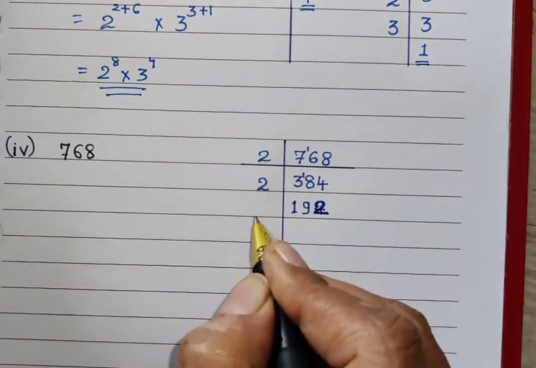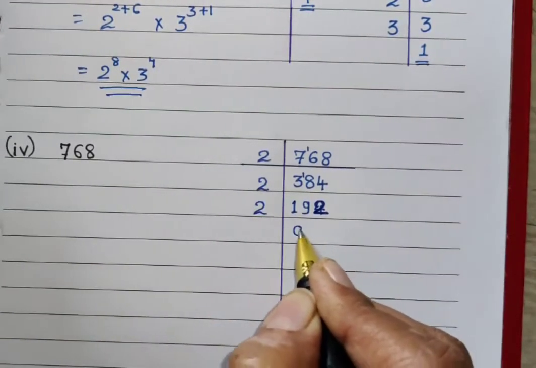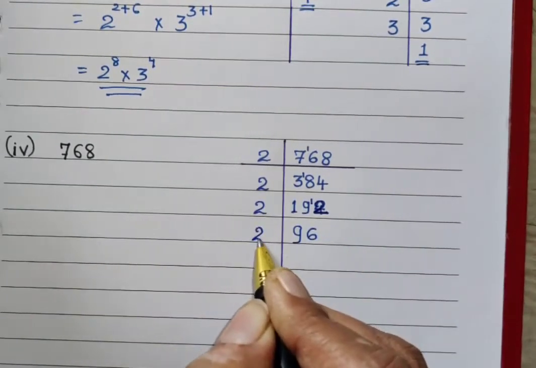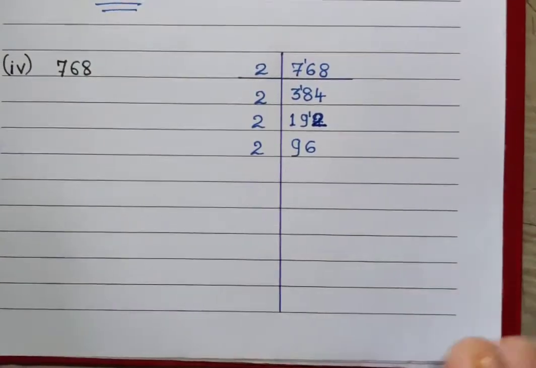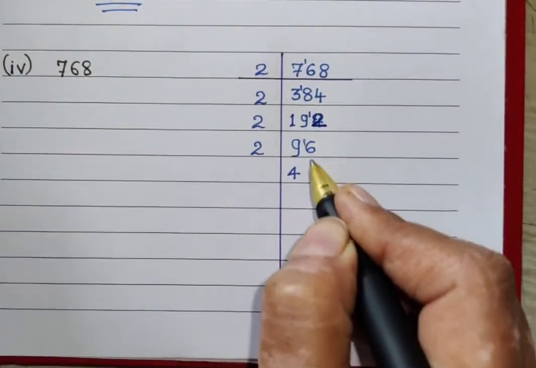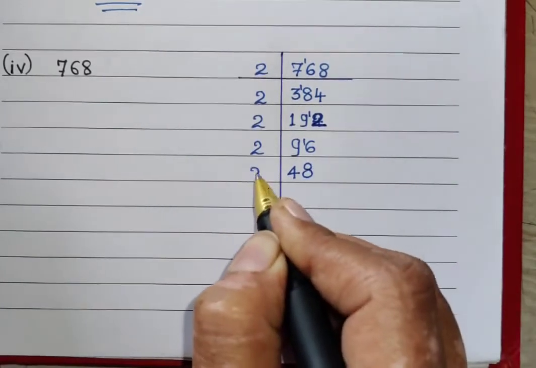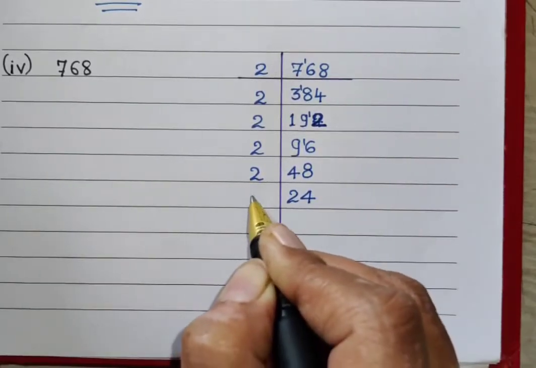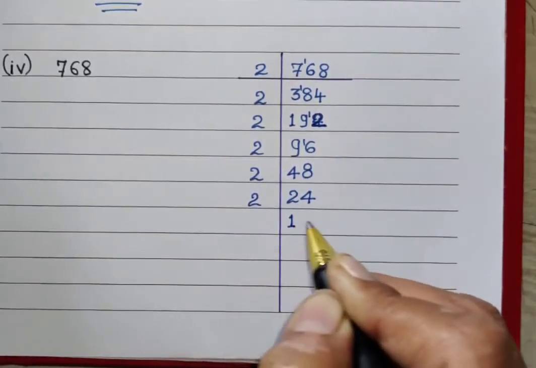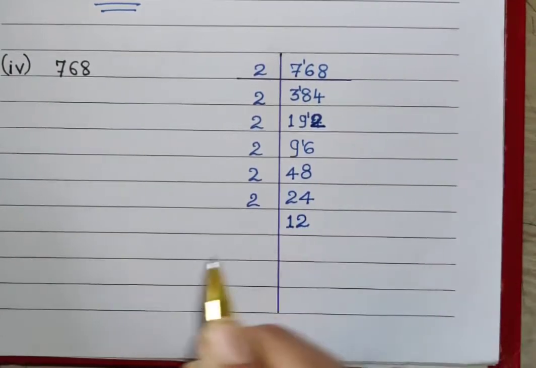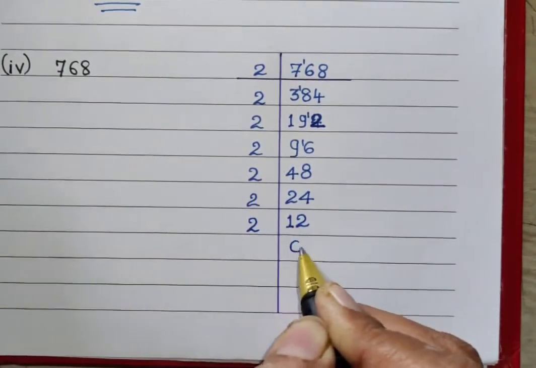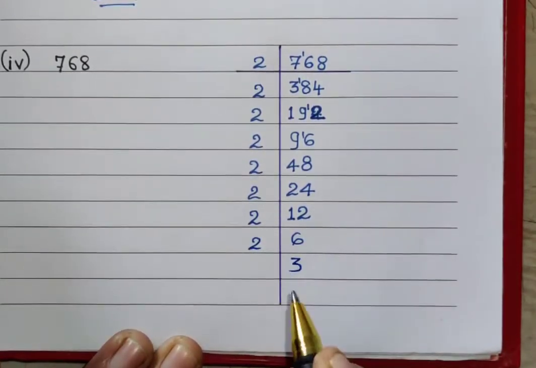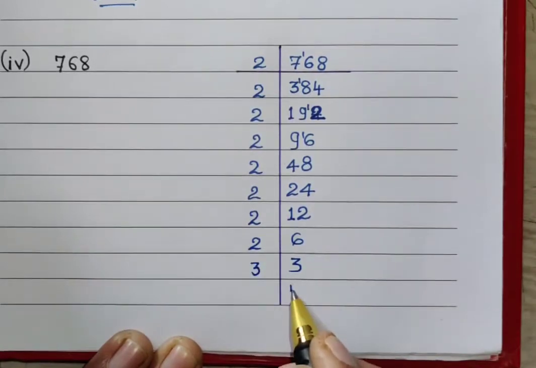Here we have 2. Now 2 9s are 18, carried 1, 2 6s are 12, 2 4s are 8, 1 left, 2 8s are 16, 2 2s are 4, 2 4s are 8, 2 1s are 2, 2 2s are 4, 2 6s are 12, 2 3s are 6, and 3 1s are 3.